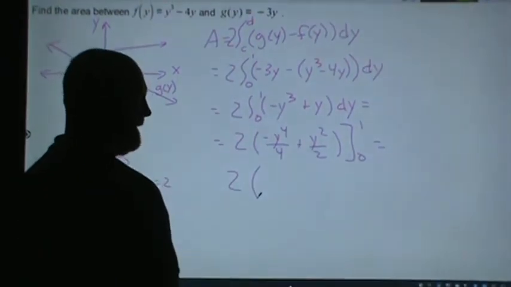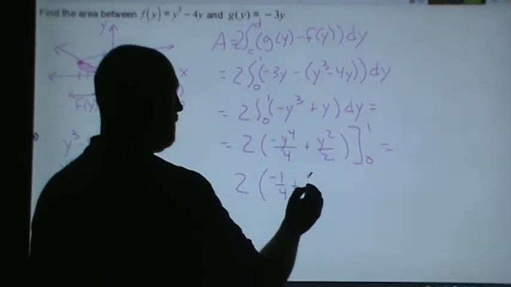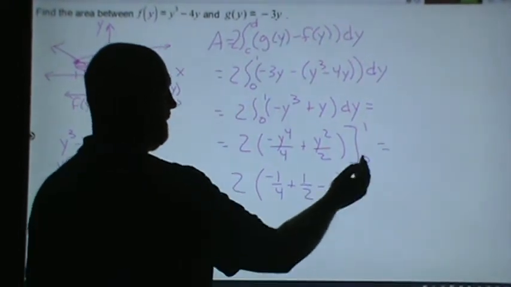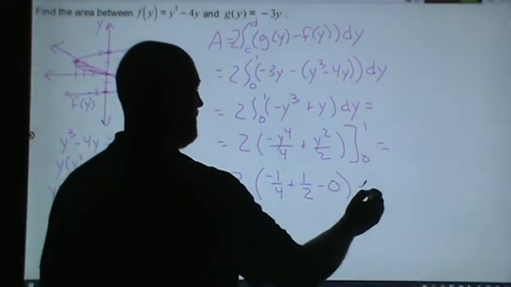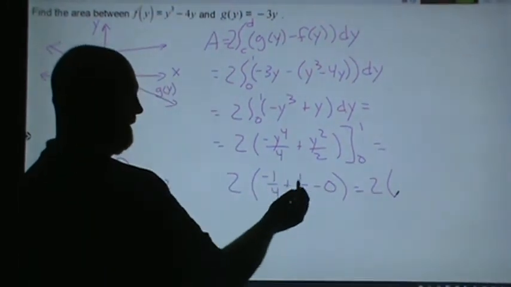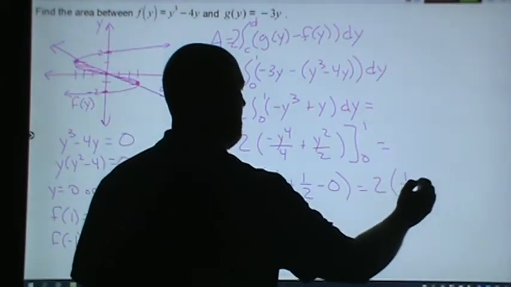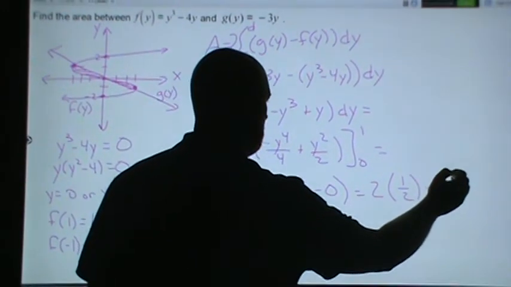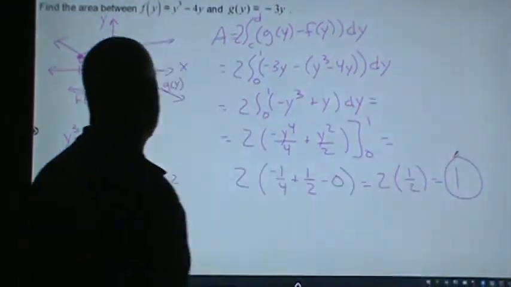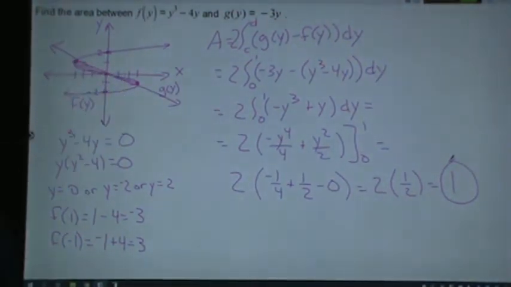So that'll be 2 times negative 1/4 plus 1/2 minus a 0 when we put in the zeros. So I have 2 times negative 1/4 plus 1/2 is 1/2. And 2 times 1/2 is 1. So the area trapped between these curves here and here combined is going to be equal to 1.